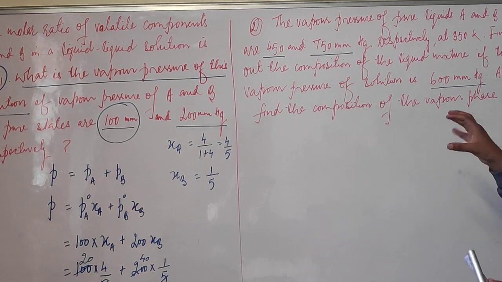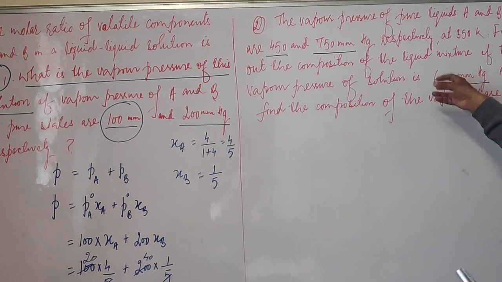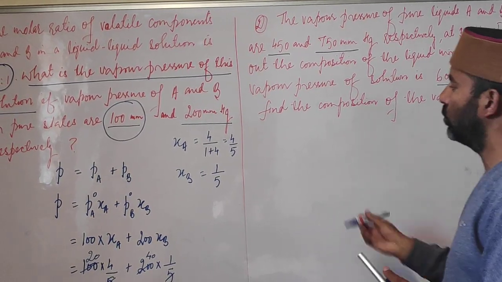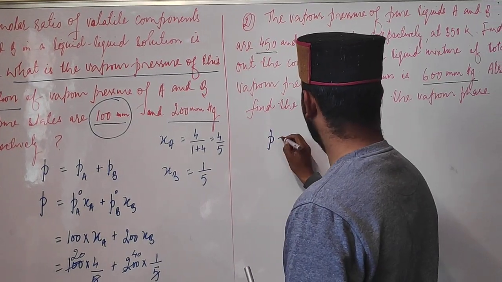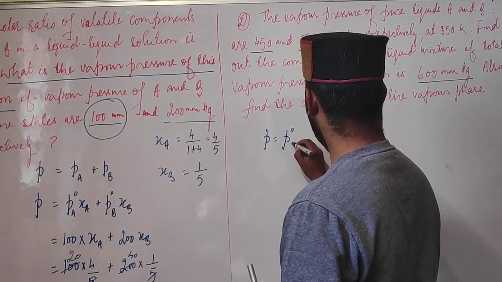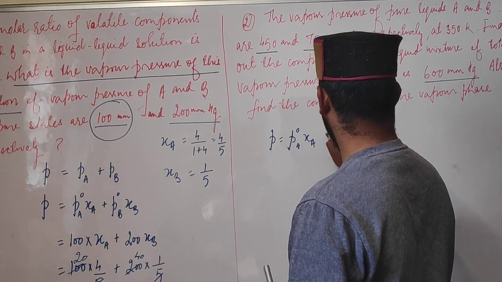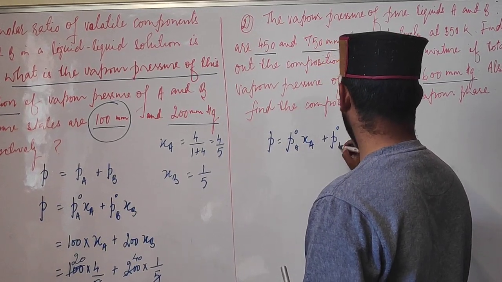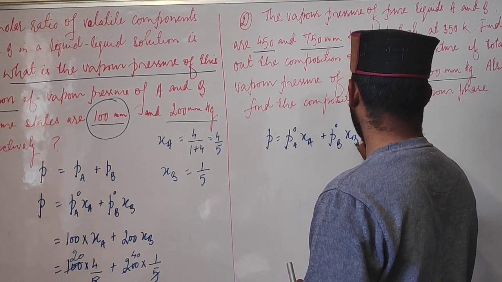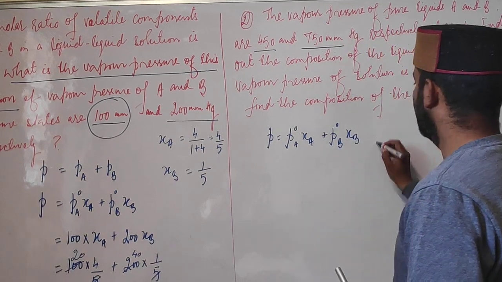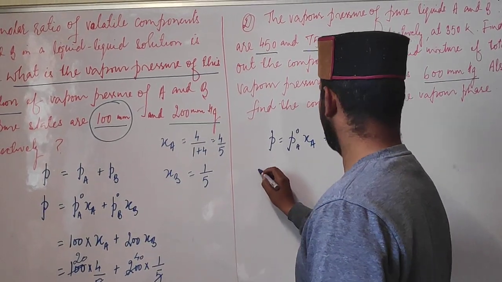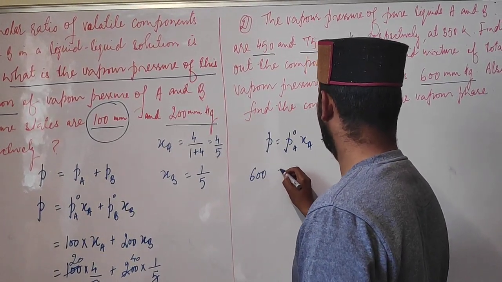So students, first we'll find out the composition in the solution phase using Raoult's law, which is P is equal to P naught A x A plus P naught B x B. Now students, the total pressure is given, it is 600 millimeters.